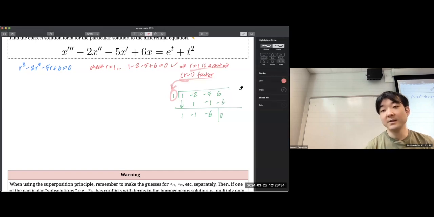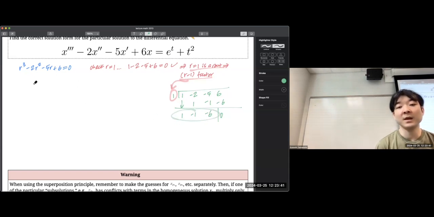And then these right here are the coefficients of what would have been your quotient. So you'll have that this right here factors to, clearly r minus 1 is a factor.